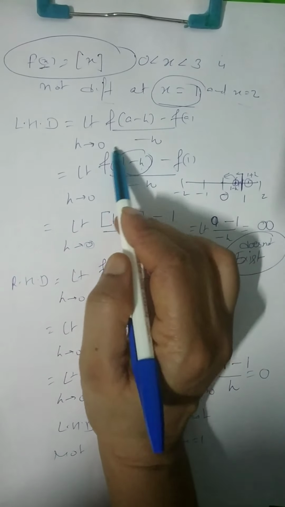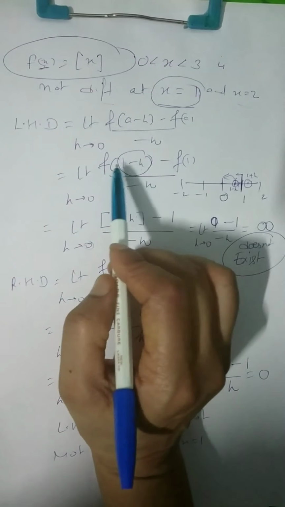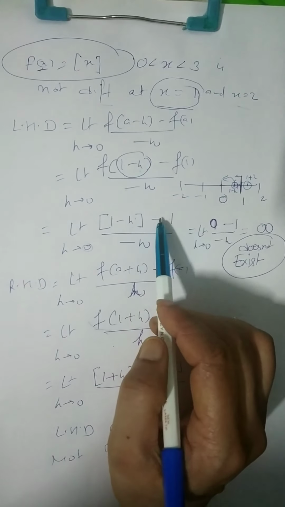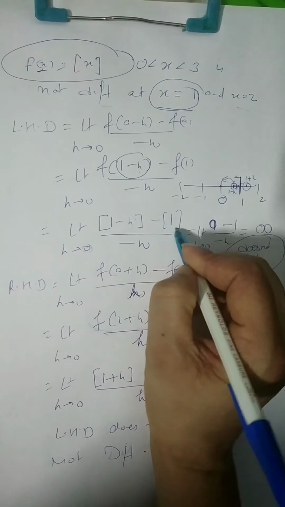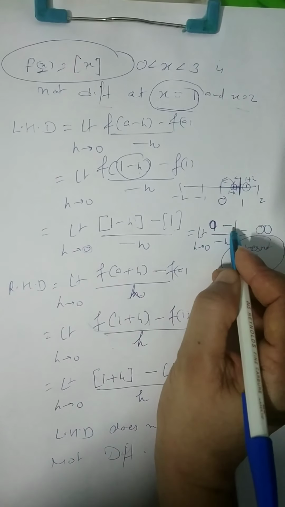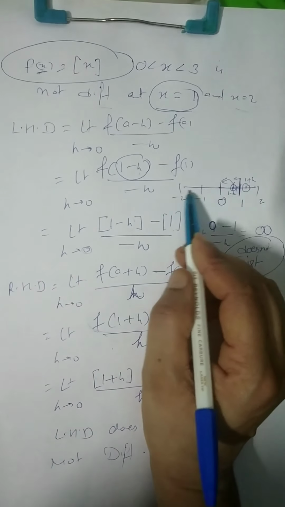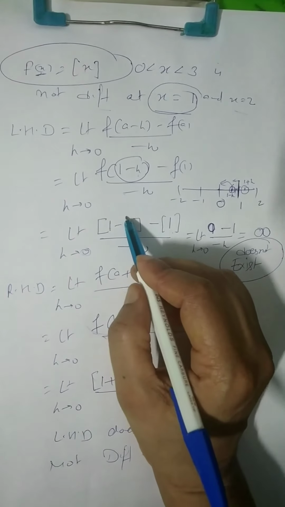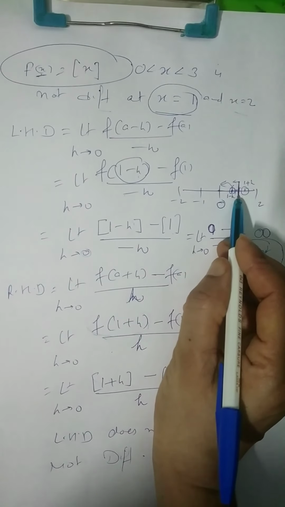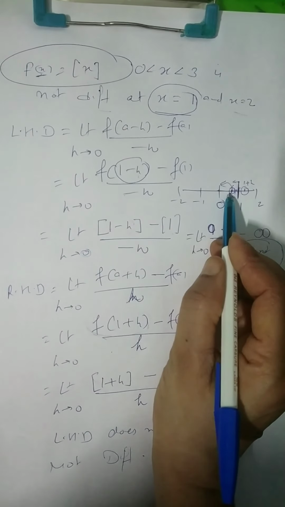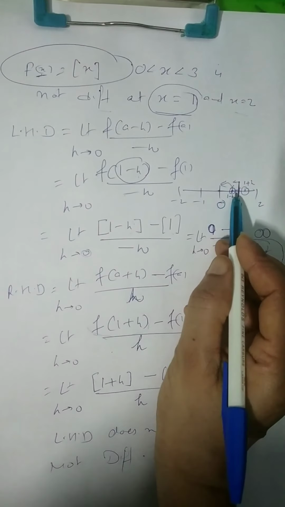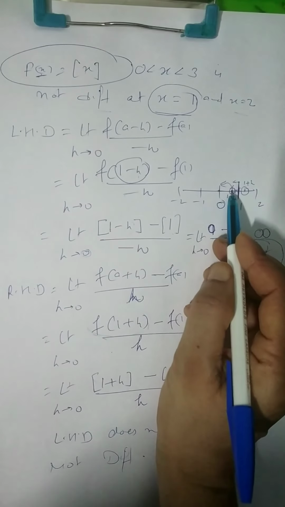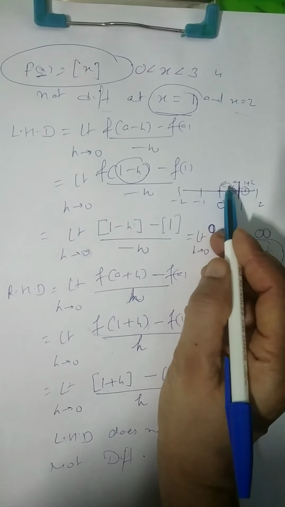What is f(1 - h)? f(x) is [x], so f(1 - h) is [1 - h], and f(1) is [1], which is already an integer, so its value is 1. On the real line, 1 - h is 1 minus some very small number h, so when we subtract h from 1 the quantity will be less than 1, and the integer just before it is 0.